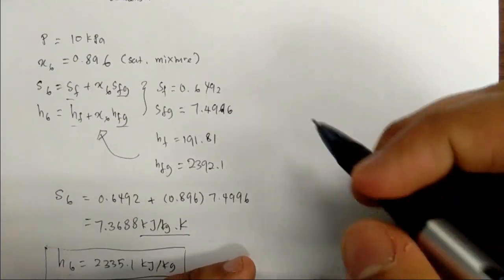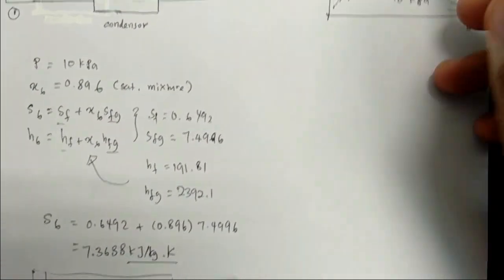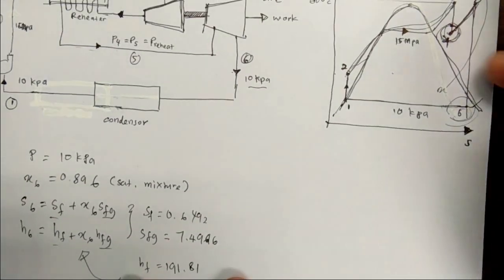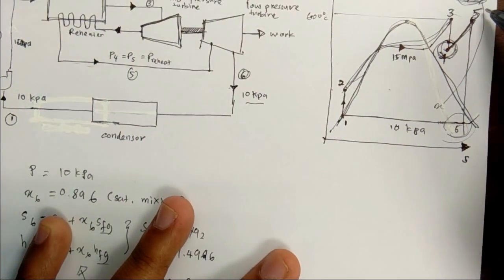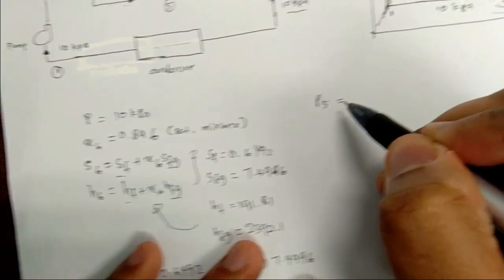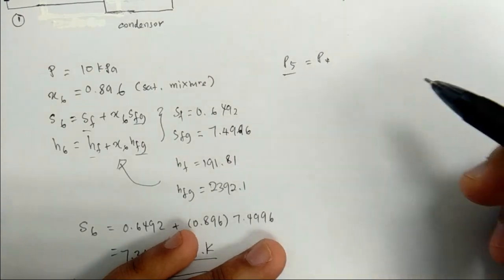So here we can say that if we want to find the pressure at 4, we can also refer to the pressure at 5, because P5 is equal to P4. So how do we find the pressure at 5?